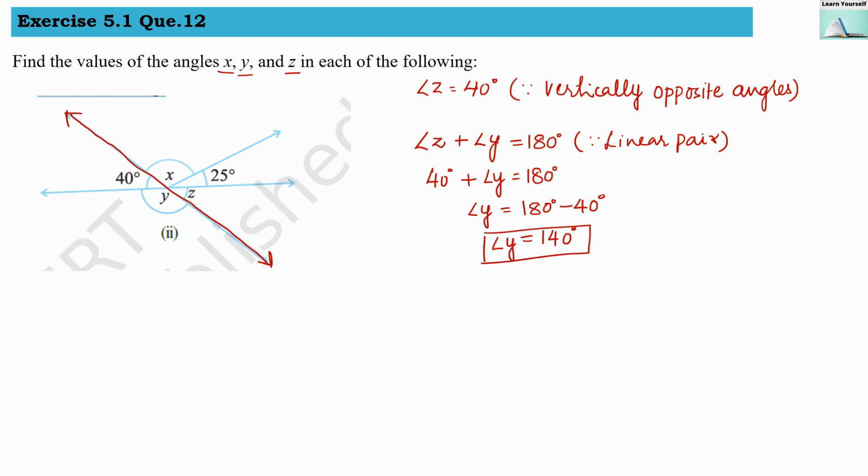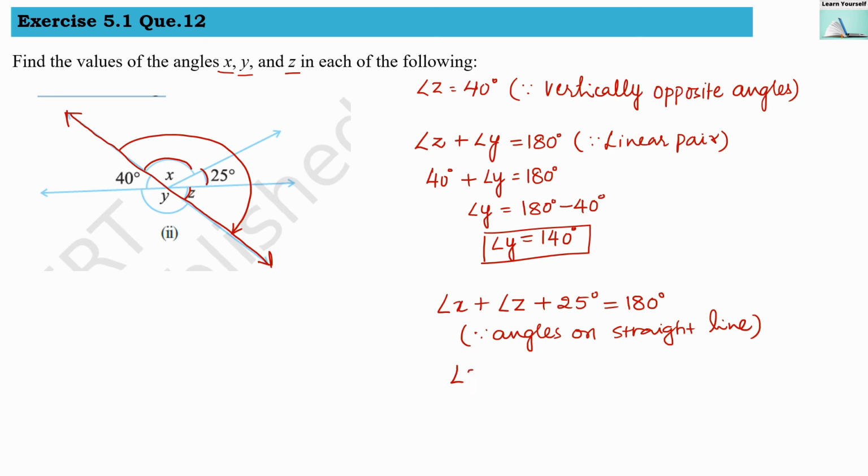Now if we consider this line, then angle X, 25 degree and angle Z, all these three angles are on a straight line. So the summation of all these three angles should give us 180 degree in total. So angle X plus angle Z plus 25 degree equals 180 degree because they all are on a straight line.